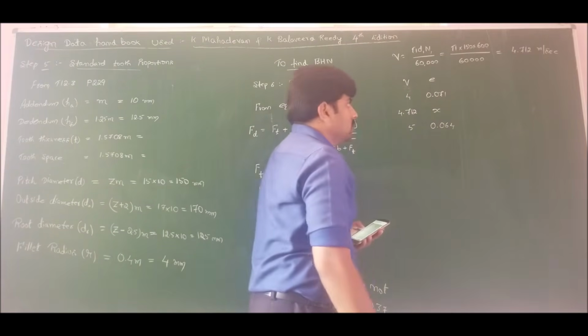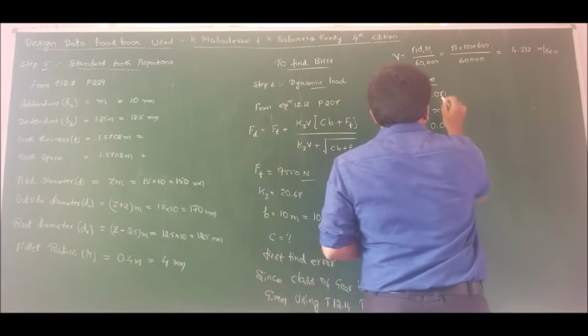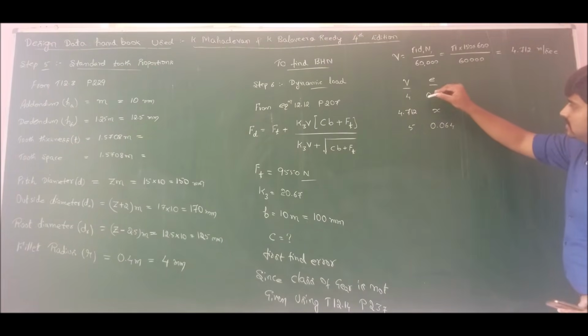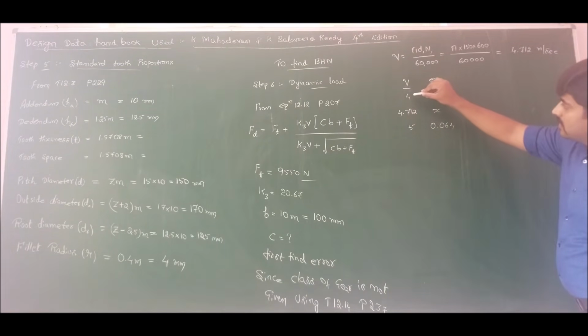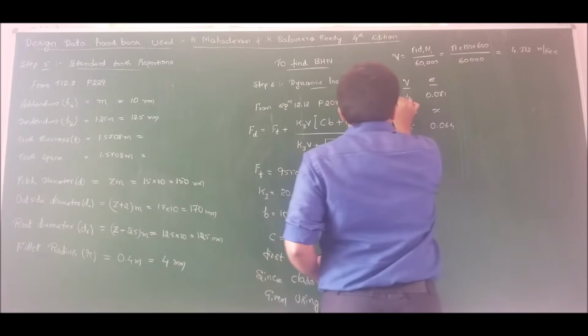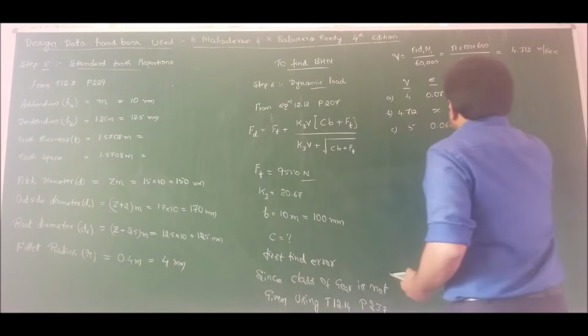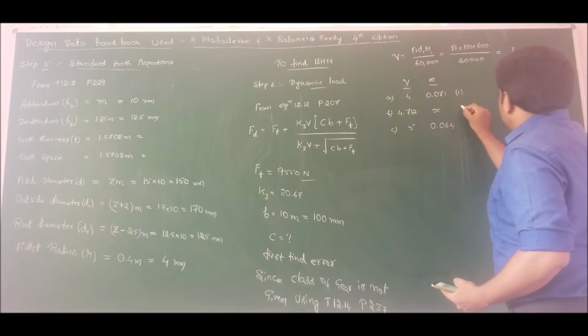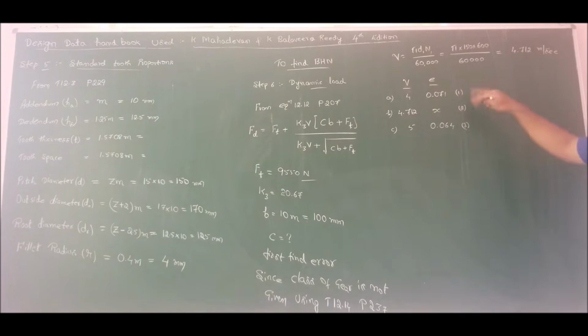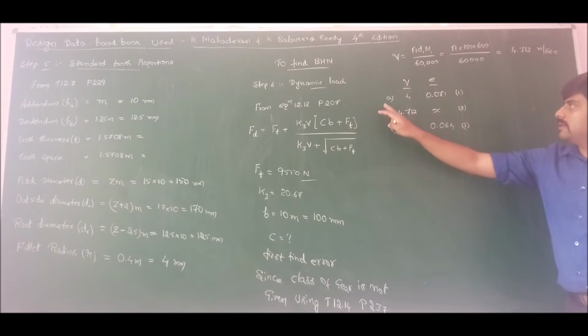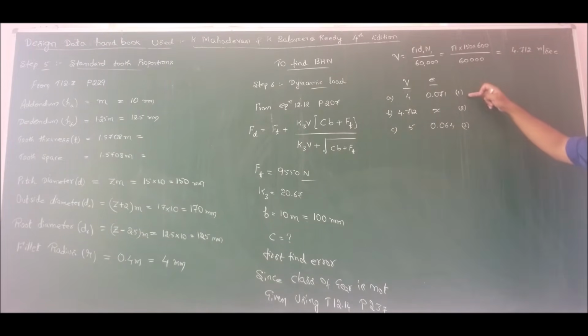0.064. Now doing the interpolation, let us take these as A, B and C, and take these as 1, 2 and 3.